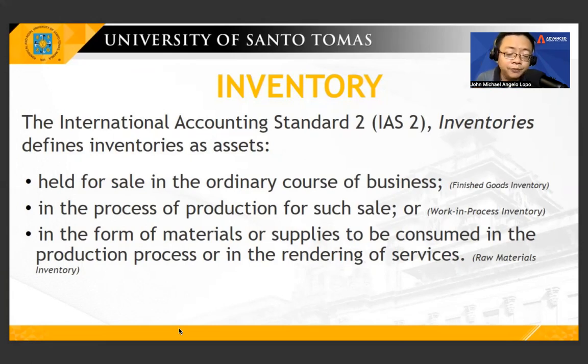If you notice, you have your finished goods, your work in process, and your raw materials inventory, which compose the inventory, particularly in manufacturing. Since our topic is only for the merchandising, we focus more on the merchandising inventory.